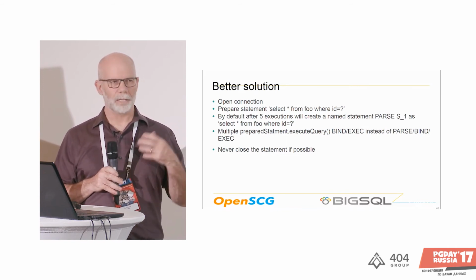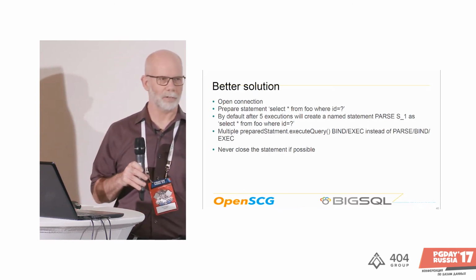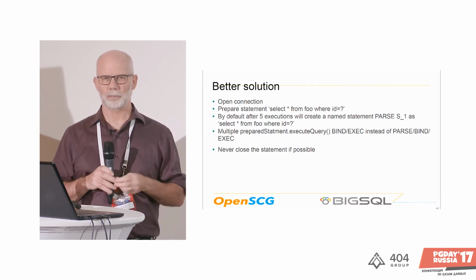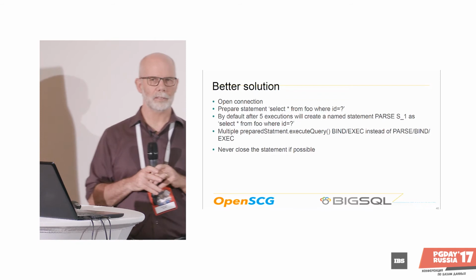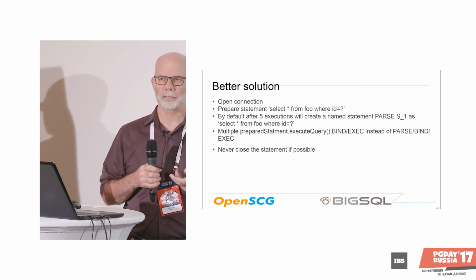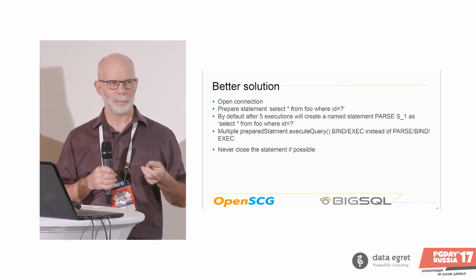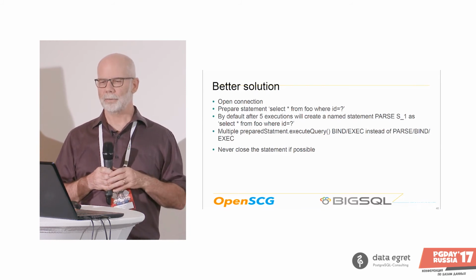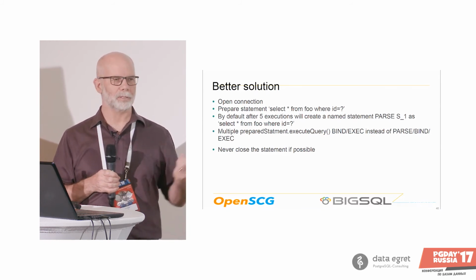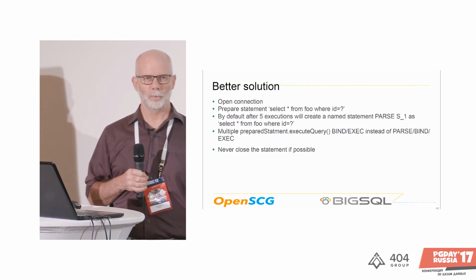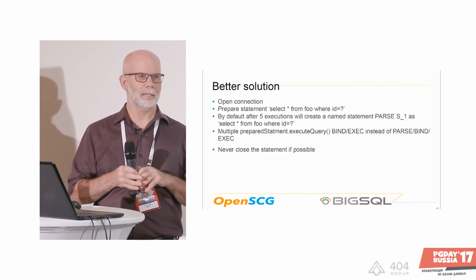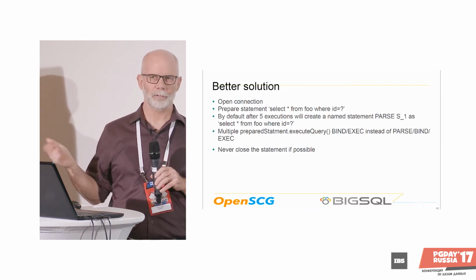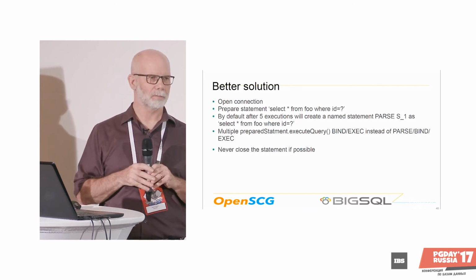After you execute the same statement 5 times by default, you can change this number, but 5 times is what we've set it to by default, we will say, okay, this guy really wants to use this over and over again, so we're going to create a server-prepared statement, and we'll name it, and we're going to do an extra step called describe. So we will know what the types are that are coming back. We'll switch into binary mode, and then after the 5th time, everything will go back and forth in binary mode.